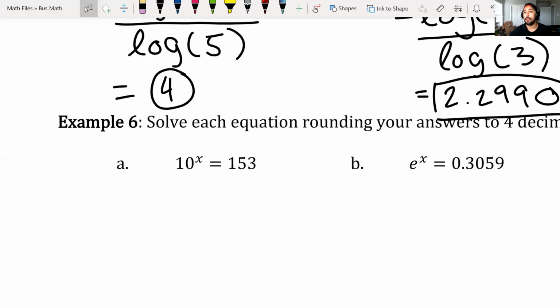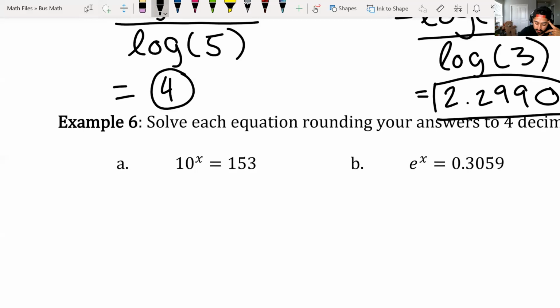I'm gonna pause for a second. Okay, these next examples, we need to solve these exponential equations, and the only way we're gonna do that is rearranging from exponential to logarithm. So, let's go ahead and do this on A. We have 10 to the x equals 153.